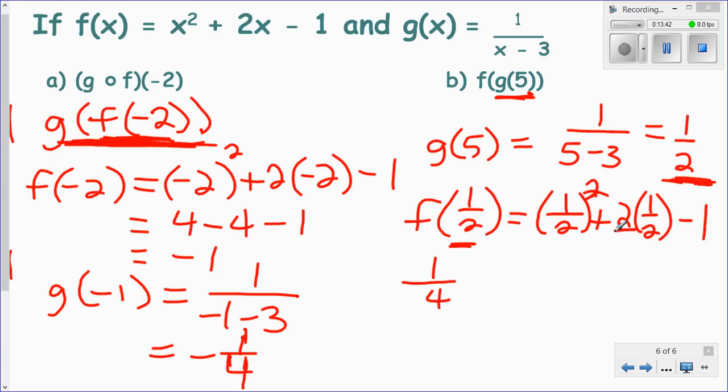Well, remember, 2 over 1, 2 as a fraction, basically you just put a 1 under it to change the 2 to a fraction. And then multiply straight across. So that would become 2 over 2, which would equal 1. And then we'll bring down the minus 1. And so this one worked out nicely because it ends up equaling 1/4. And now we are finished.